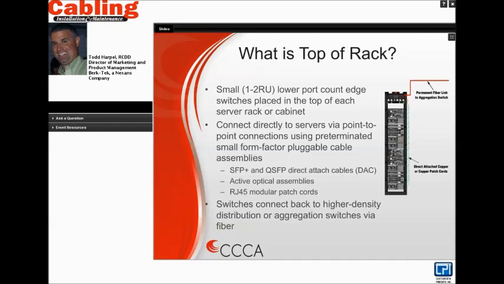So you're really going back to a higher density distribution or aggregation layer with optical fiber from the very top of the rack, that switch at the top of the rack, to your network layer. So the top of rack really implements many more switches, and those switches are dedicated to the individual rack or cabinet that they are serving.